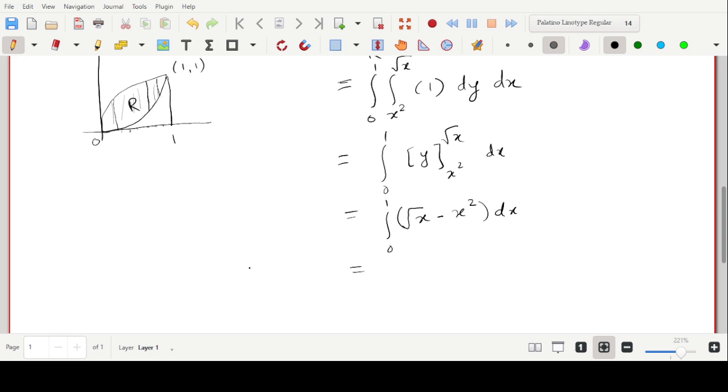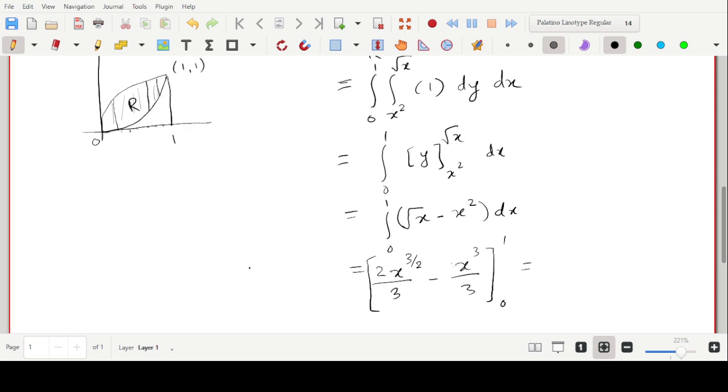Square root of x is x to the power half, it becomes x to the power 3 over 2 divided by 3 over 2, which is 2 over 3, minus x cube over 3, the integral of x square, with limits of integration 0 to 1.